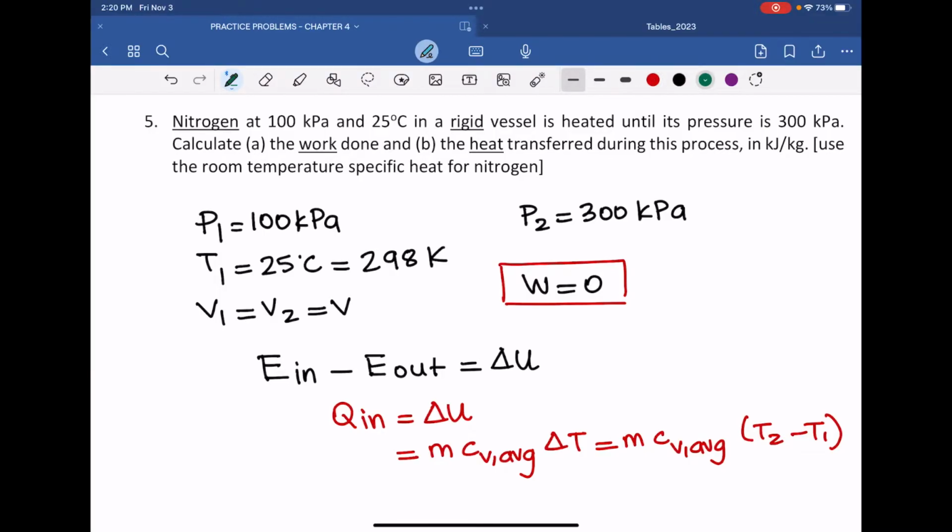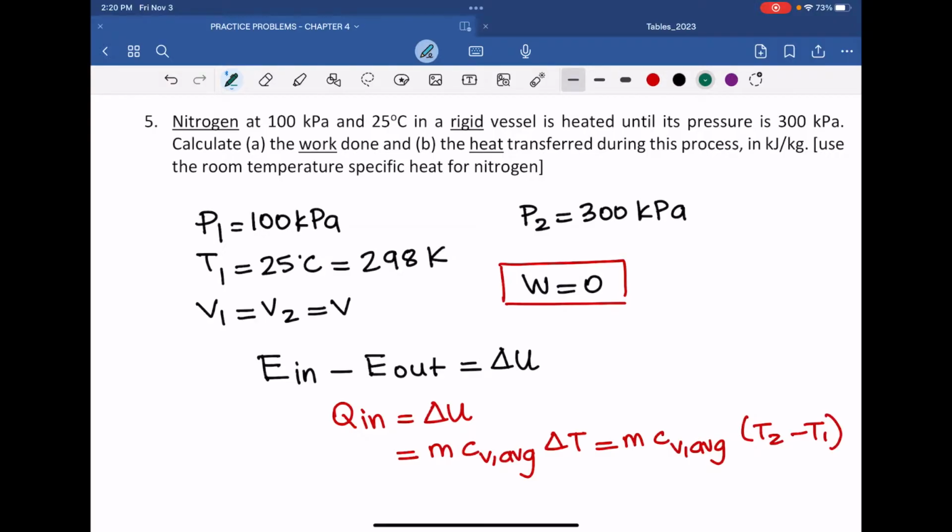At 25 degrees Celsius, we are at room temperature. Even though we don't know the second temperature, which could help us average the temperatures, the problem tells us you don't have to worry about it, just take the CV at room temperature. That's fine, we can read that.